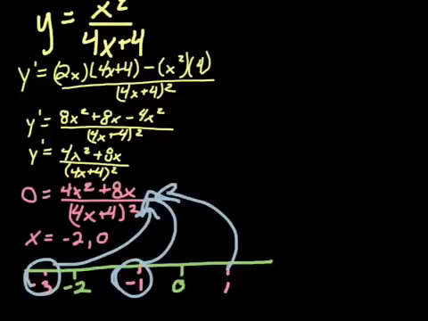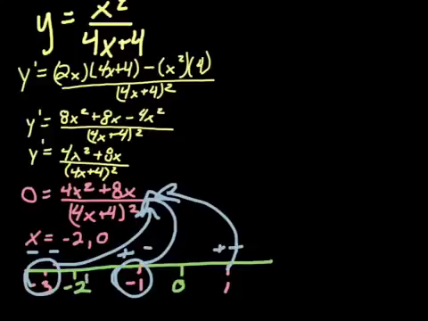So -3, 4 times -3 squared, which is a positive, plus a negative, which is a negative, over a negative, negative, and then -1 is a negative, a positive, and a negative, and then 1 is just positive.